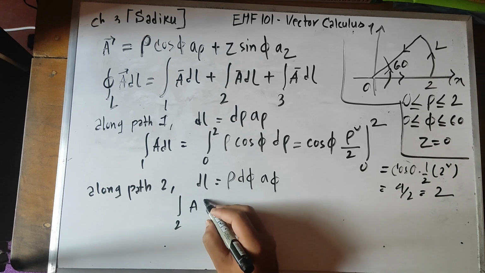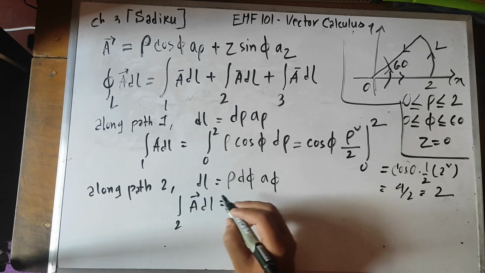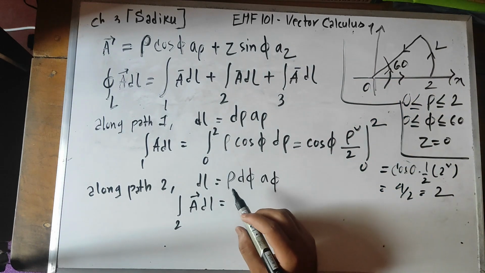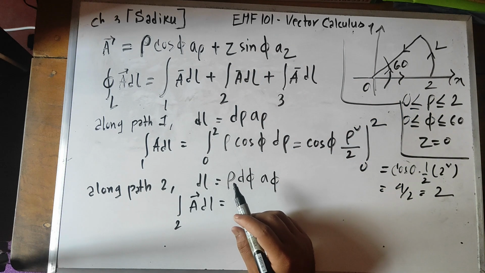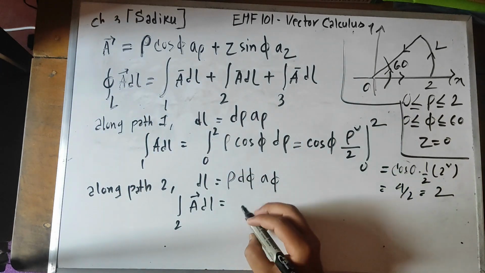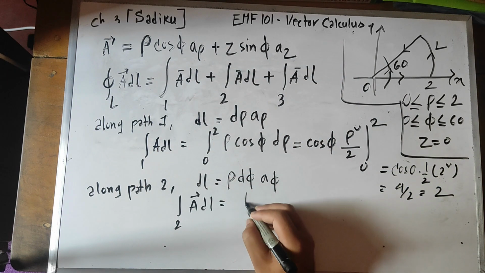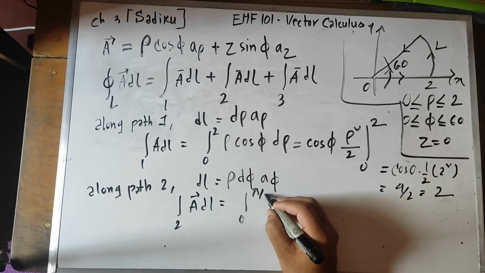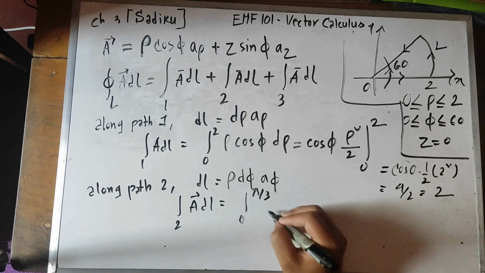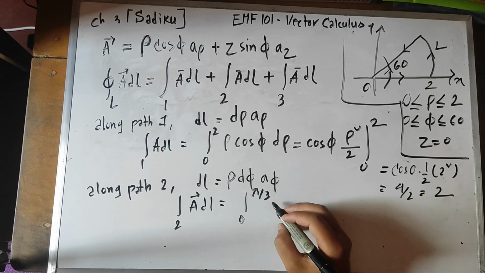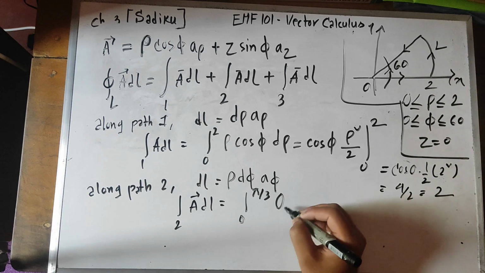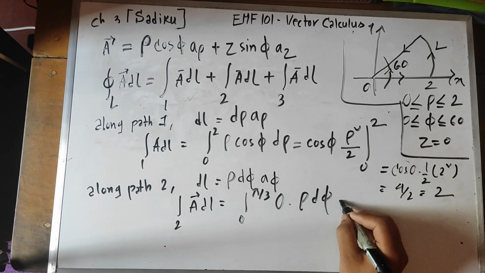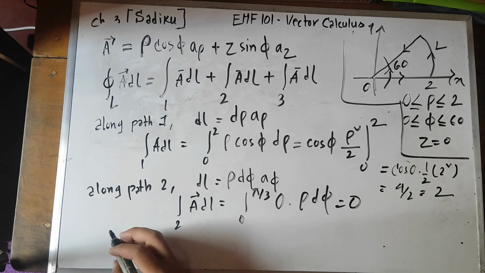Along path 2, A·dl: there is no φ component for the vector, so integrating from 0 to π/3, as there is no φ component, ρ dφ gives 0.